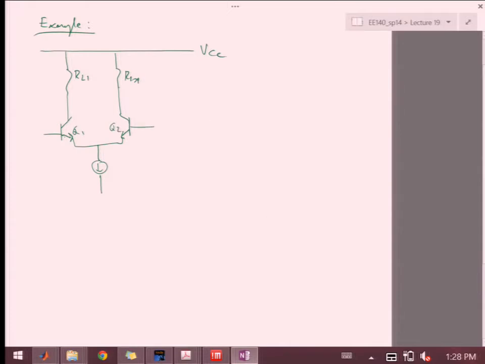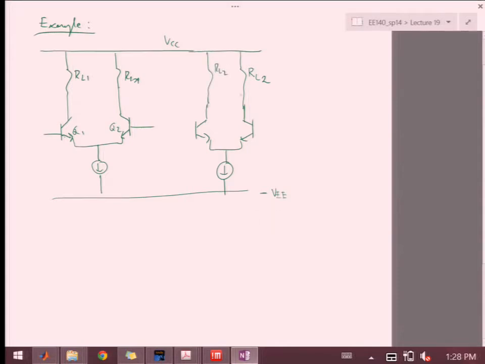And then we're going to have the second stage. Then I'm going to take a single-ended output. For all intents and purposes, we can keep this one also loaded. Doesn't really matter that much, but just not to confuse you.